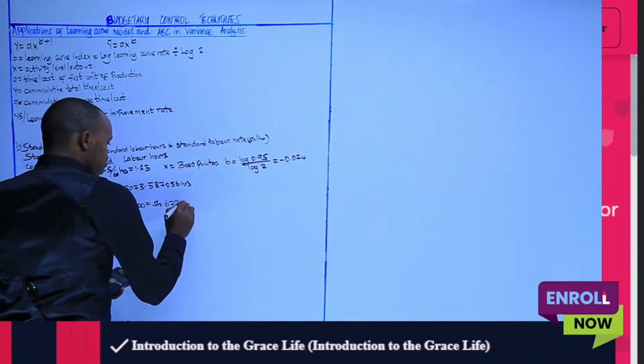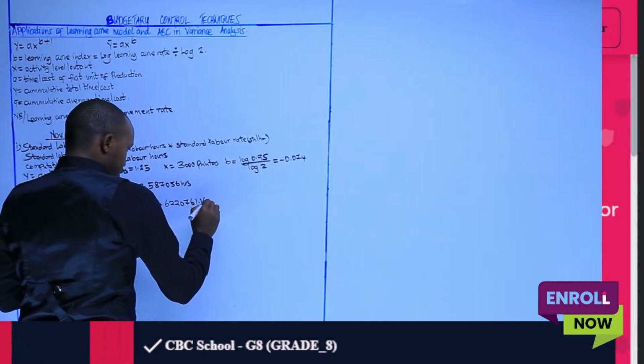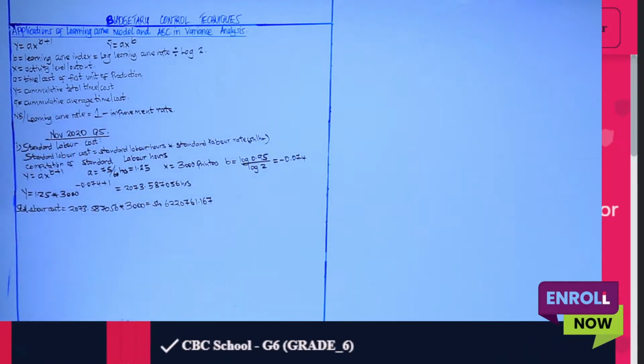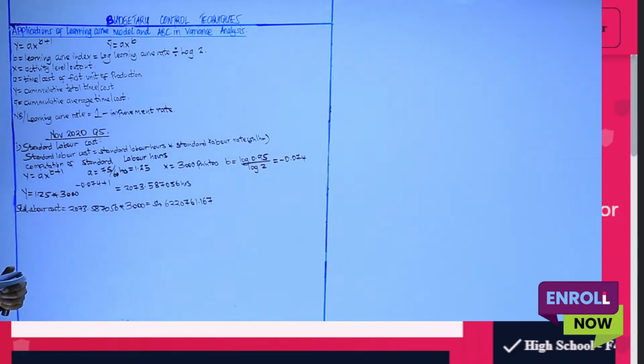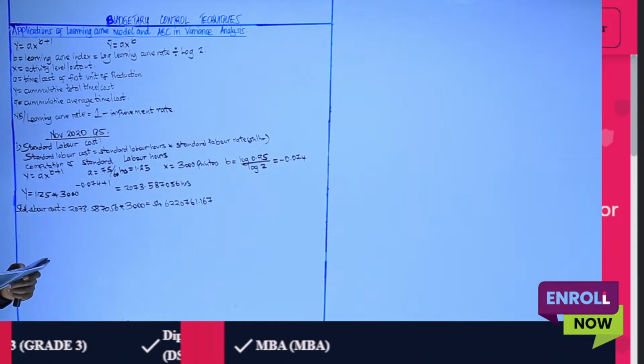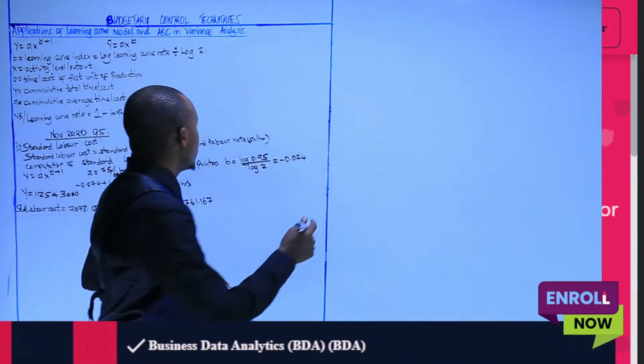So therefore your standard labor cost is 6,220,761.167. All right, that is the first part. Then they're telling us part B, to prepare a budget.